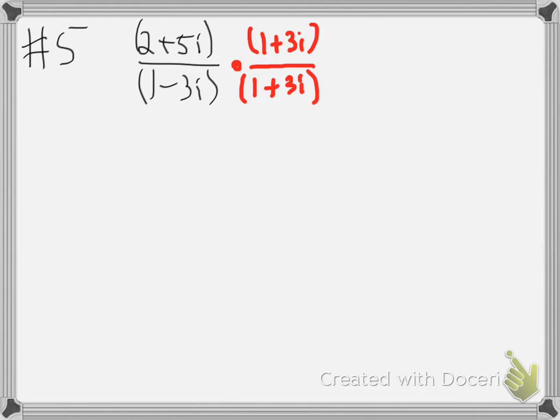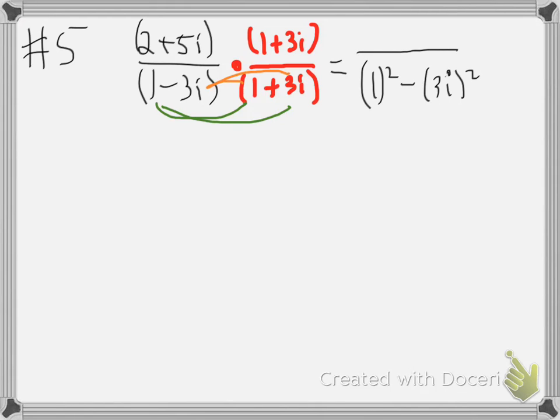And so I can do FOIL first, outside, and then I'll do a different color, inside, last. And it turns out I don't really need to do all that because I know it's in the form of a difference of squares. So I get 1 squared minus 3i all squared. That's an i, and I should put it in there.